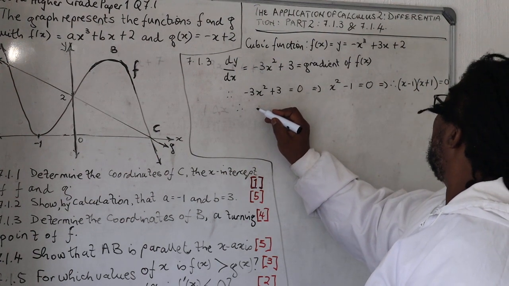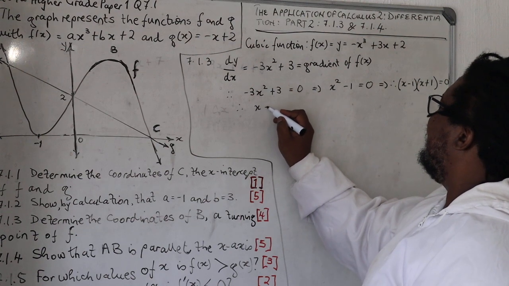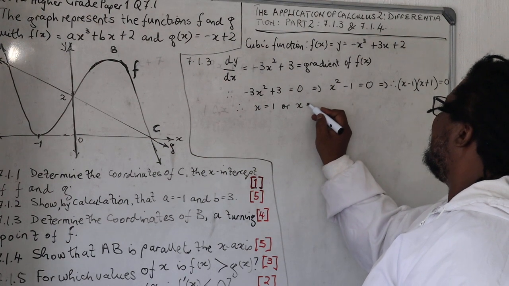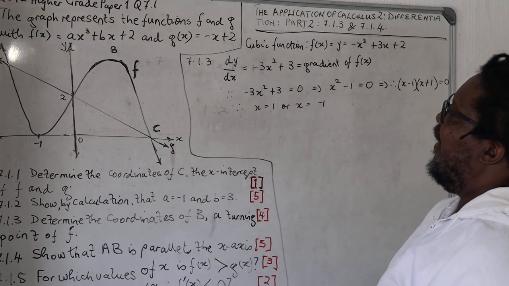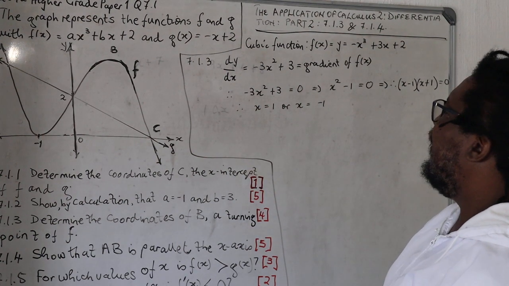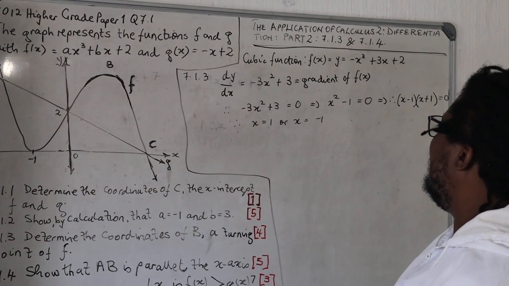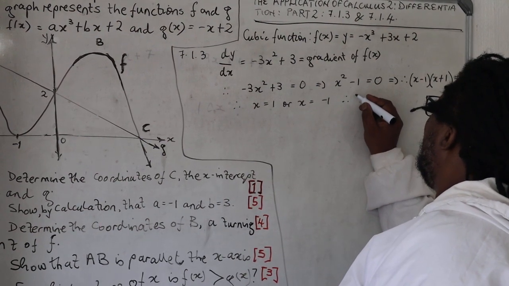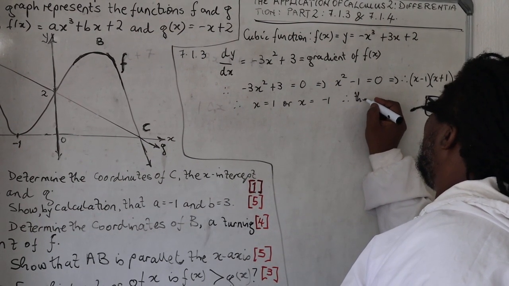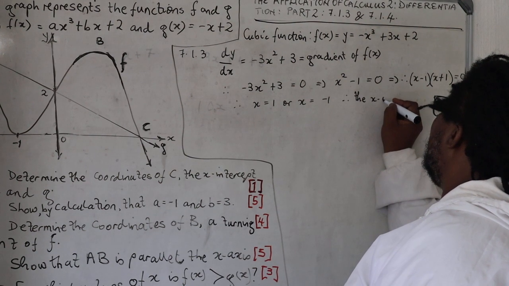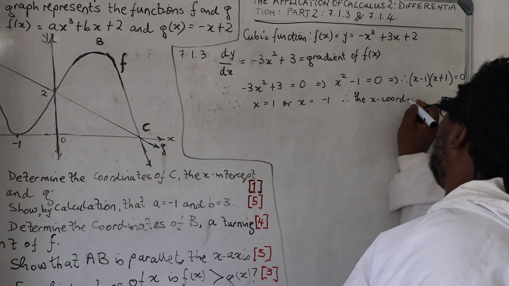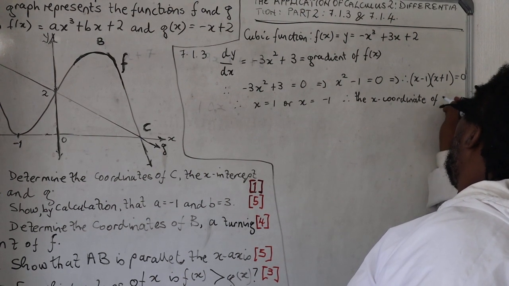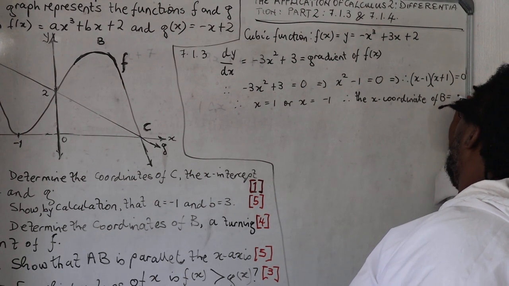Therefore, x is equal to 1, or x is equal to minus 1. And looking at where B is, x cannot be minus 1, so therefore the x coordinate of B is equal to 1.